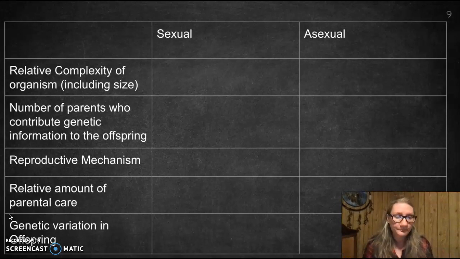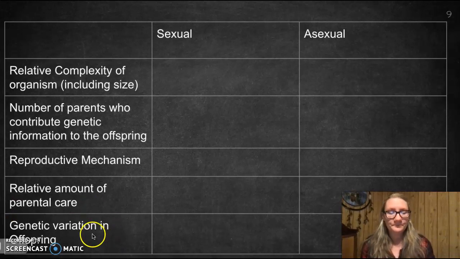What does it do? Then the relative amount of parental care. After you have your offspring, do the parents take care of the offspring? If they do, how much effort and time do they put into this? And then genetic variation in offspring. So are the offspring different or identical to their parents?